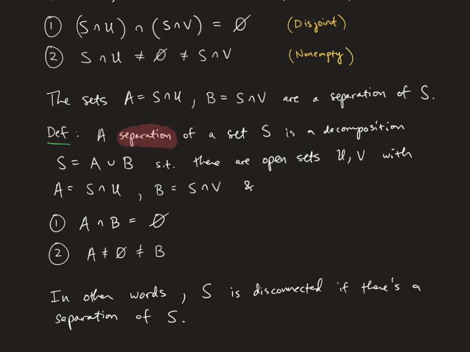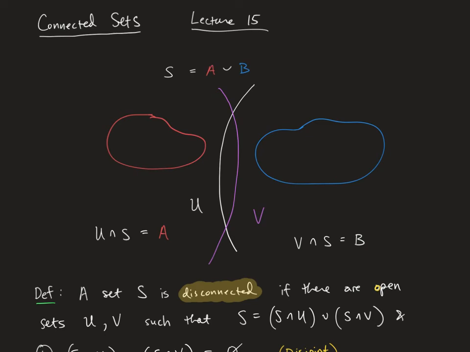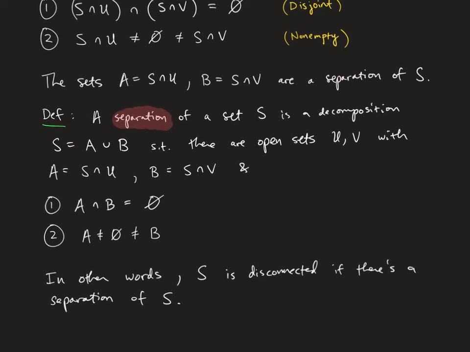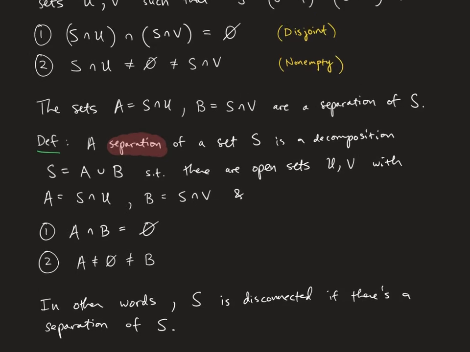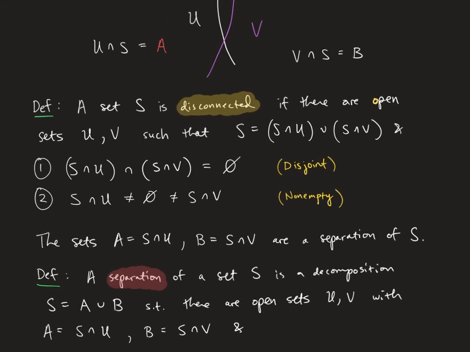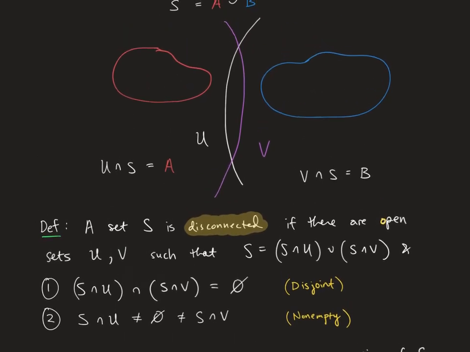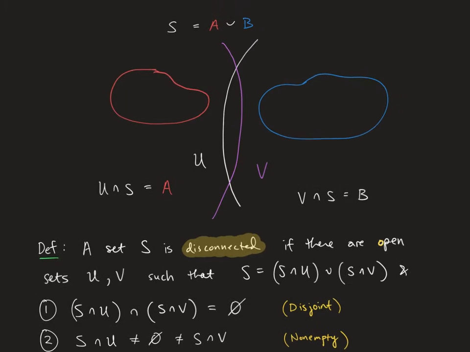So I know there's a number of components here. This definition does come from this kind of simple picture up here, but it can be a little bit annoying to remember all of the conditions. So having that acronym is helpful. All right, so the first thing substantive to talk about after the definition is that this is not the definition that's given in the book for a disconnected set or for a separation of sets.